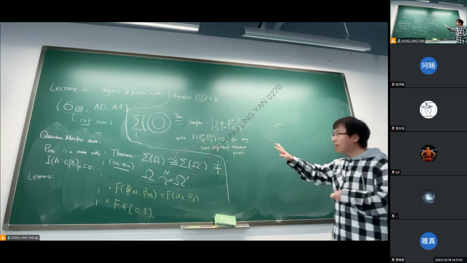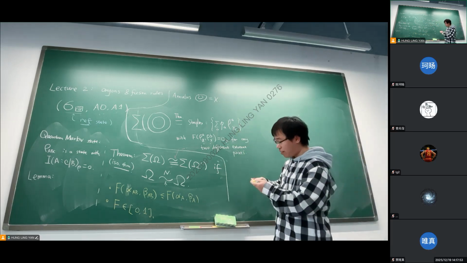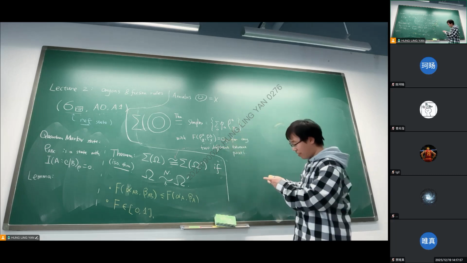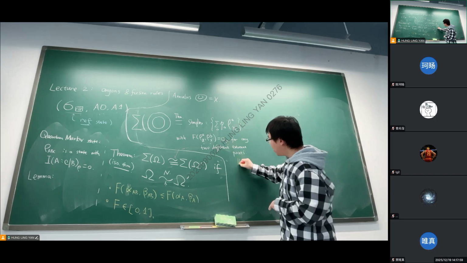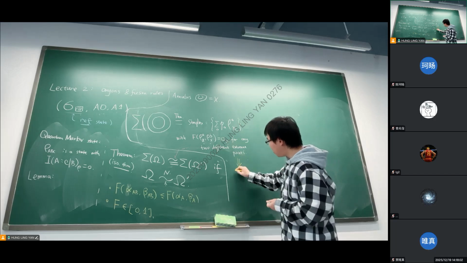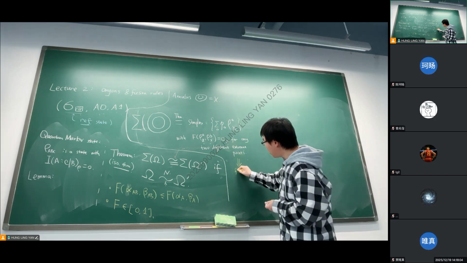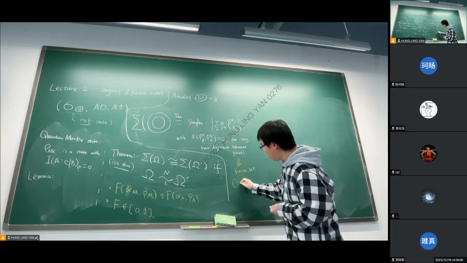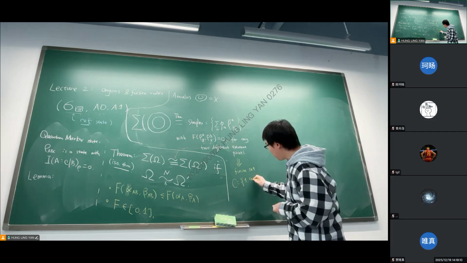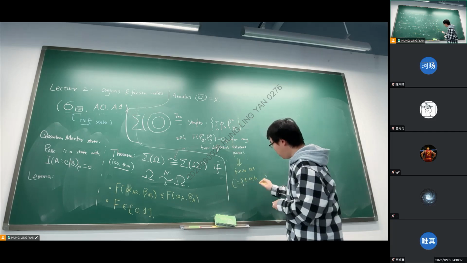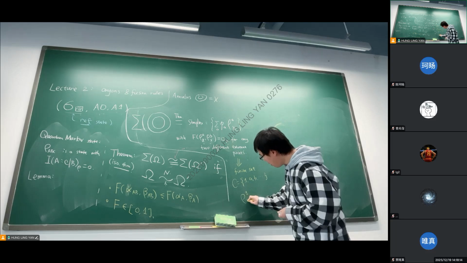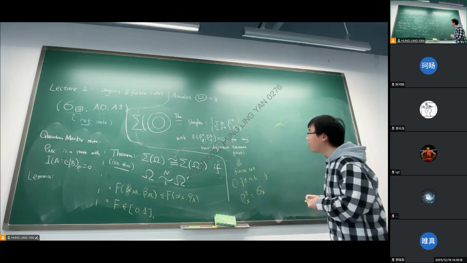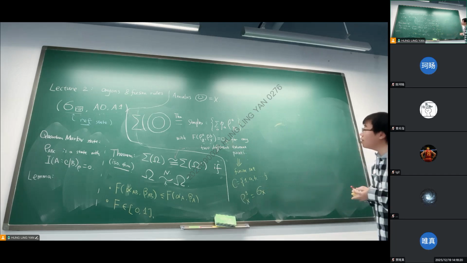It says you must have a simplex with some extreme points, and these extreme points are orthogonal. Following from there, you can actually show that there will be a finite set. U1 will be the reference state.